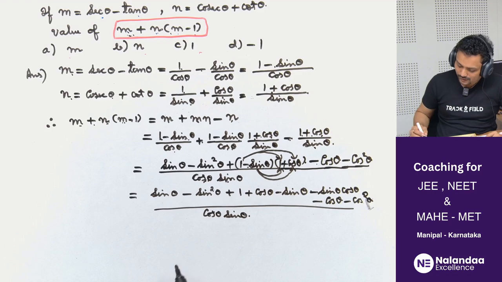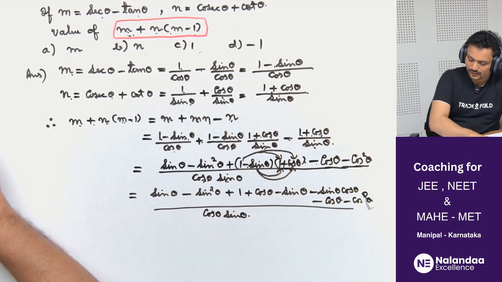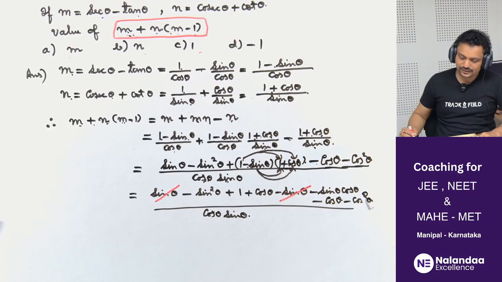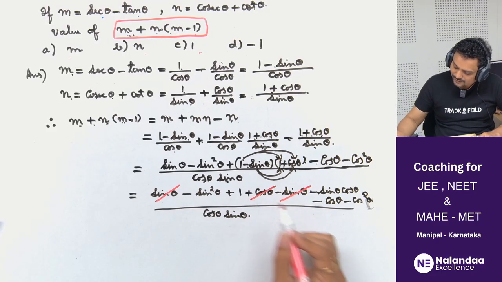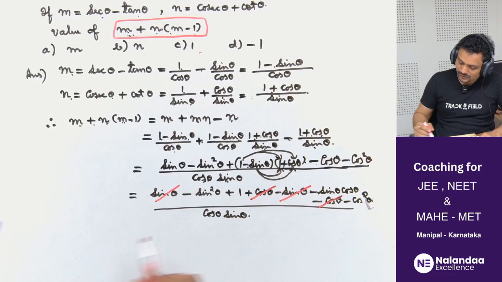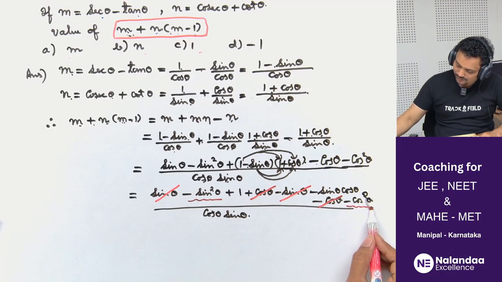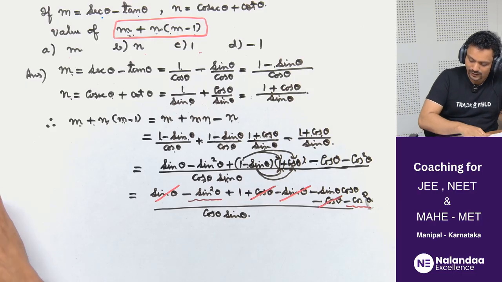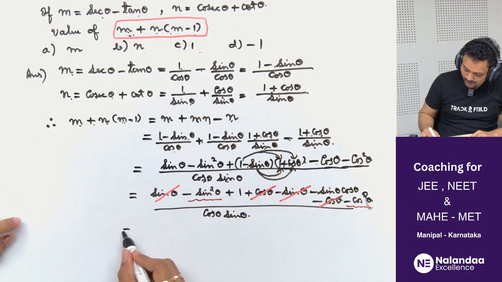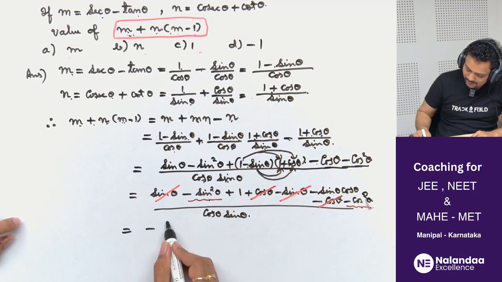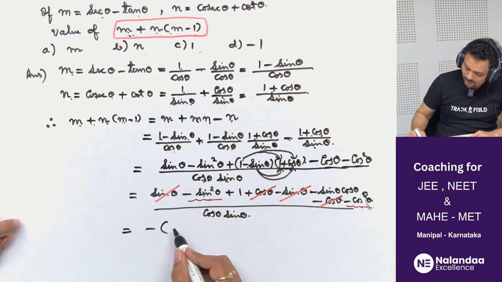Now if you observe, some of the terms are going to get cancelled. Sin theta will cancel with minus sin theta, cos theta will cancel with minus cos theta, and minus sin square theta and minus cos square theta will cancel with this 1. I will show you that step. From this term and the last term, let me take minus common.